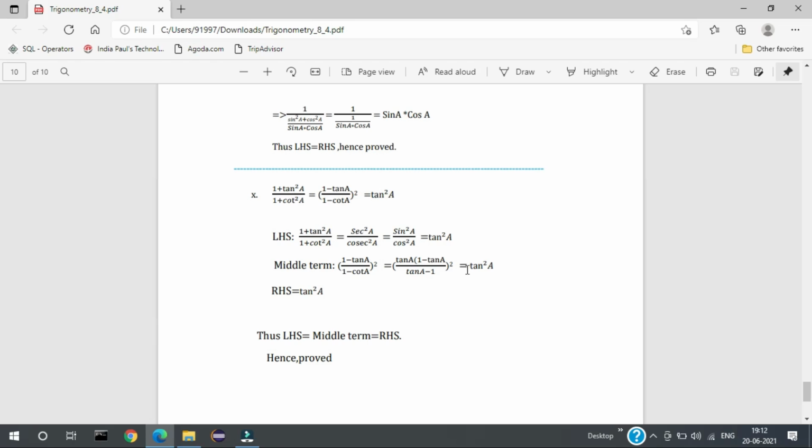That implies minus 1 taken out. Now 1 minus tan A will come, whole square. Whole square means minus into minus will become plus. So only tan A will remain. So tan A whole square will become tan square A. Hence RHS will become tan square A. Thus LHS equals middle term equals RHS.